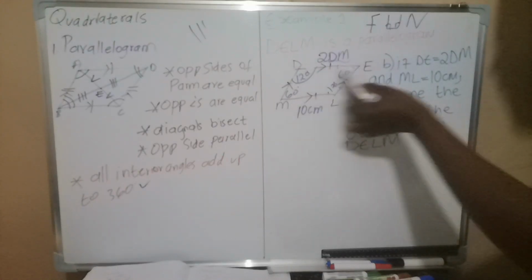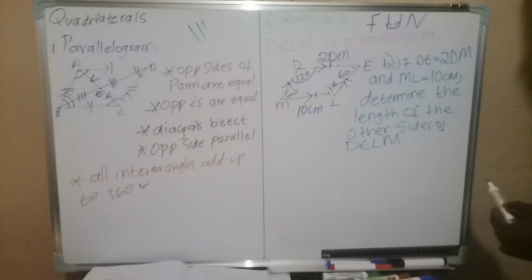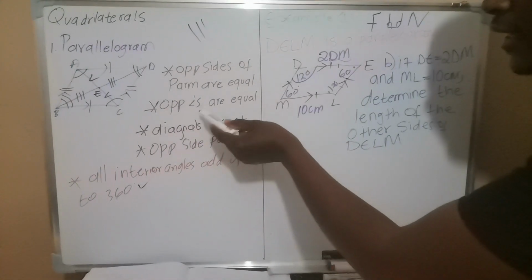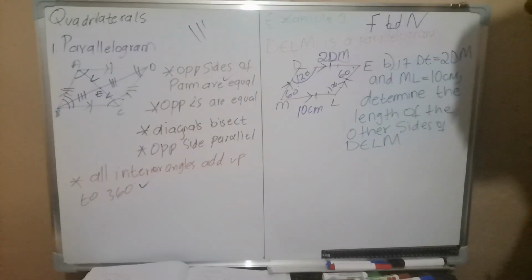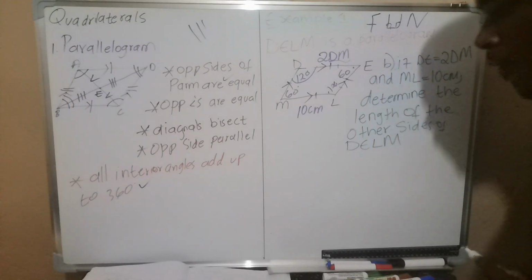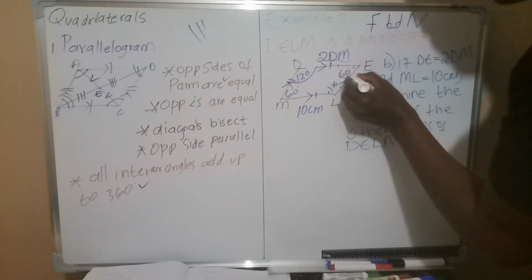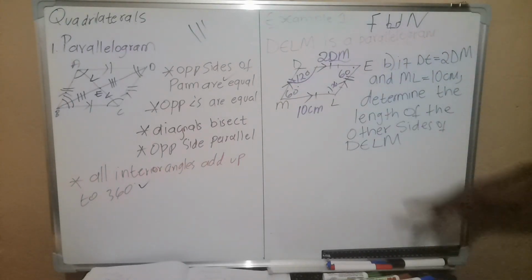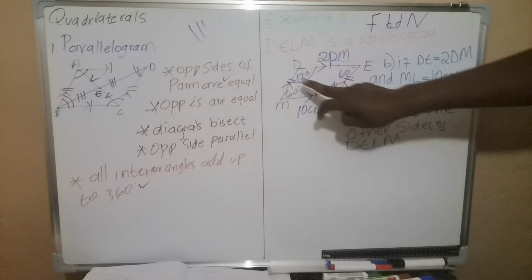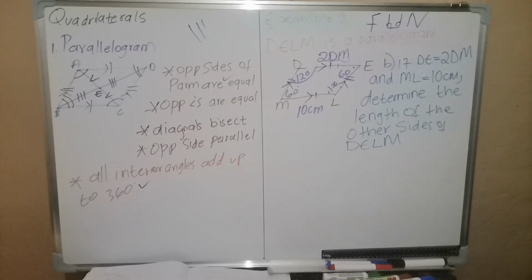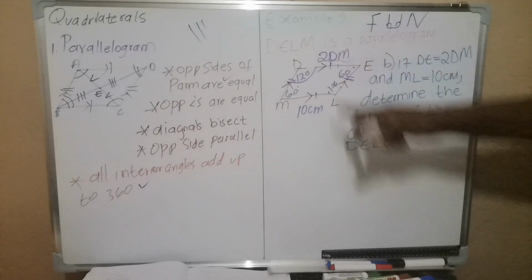You want the length in numeric form of DE. If you apply that opposite sides of a parallelogram are equal, this side is equal to this side, and this side is equal to this side.